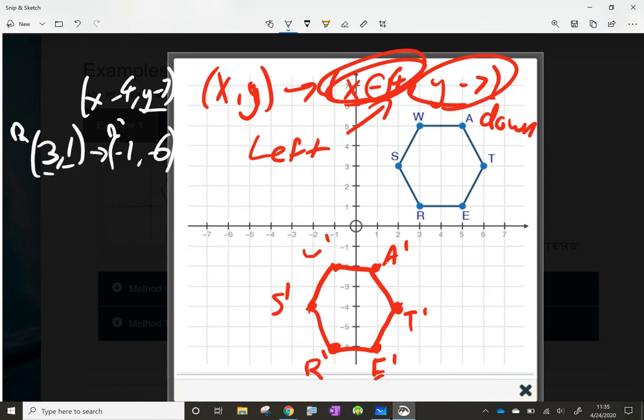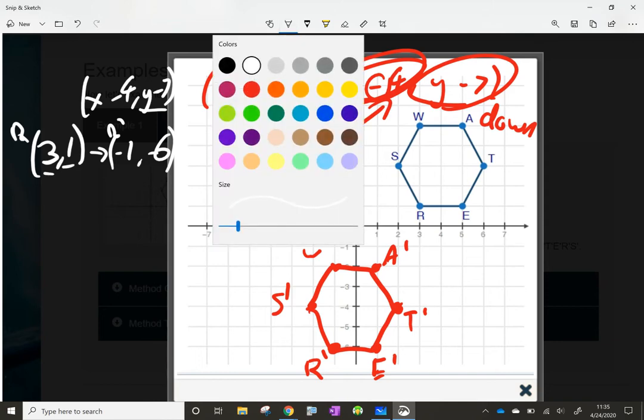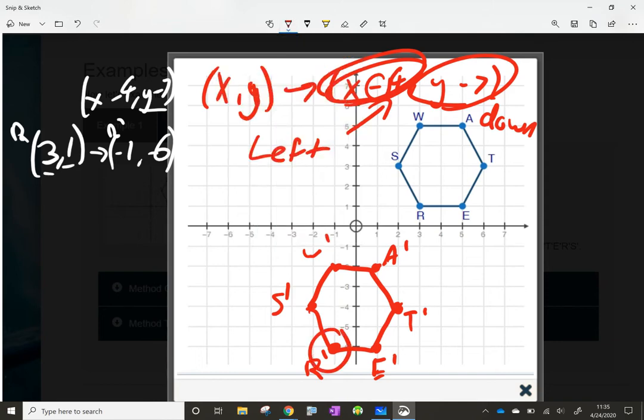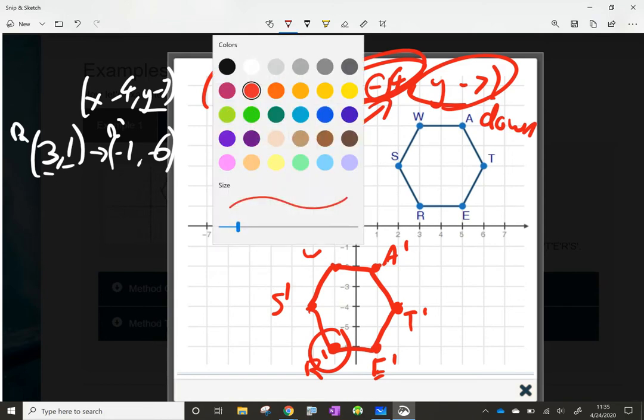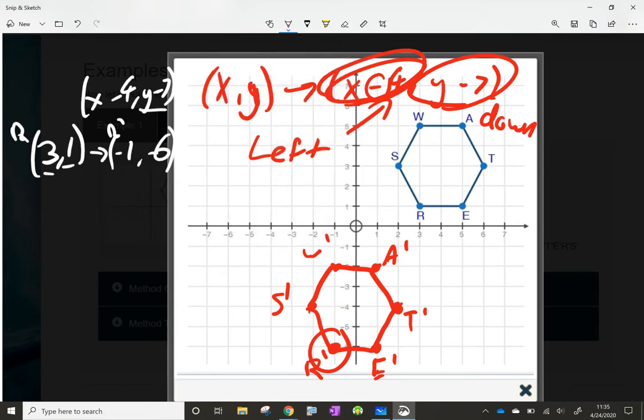And of course, if you look at our paper, R prime was indeed at that point, right? -1, -6. And this goes for obviously all of the points. If you look at E, it was originally at 5, 1.